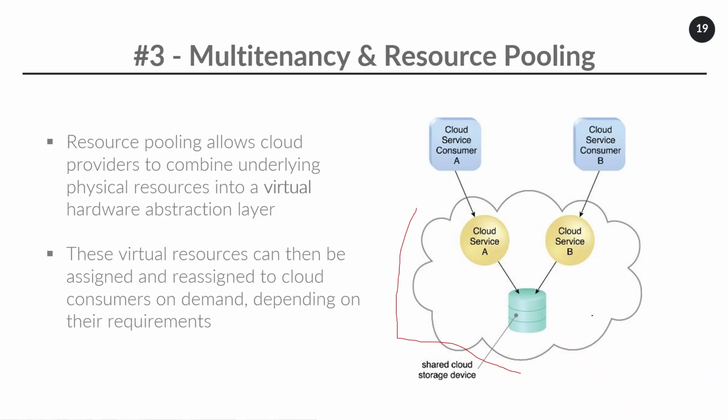In this example, we have two just as an illustration, cloud consumer A and B, and then different physical resources. Sometimes it can be virtual as well. They are dynamically assigned and reassigned according to the cloud consumer demand.